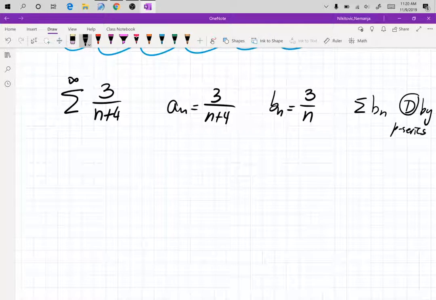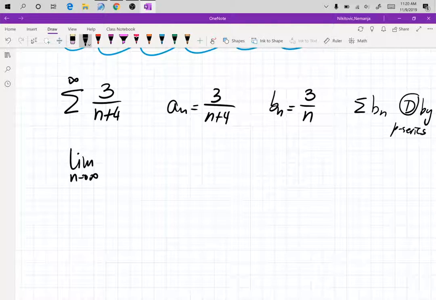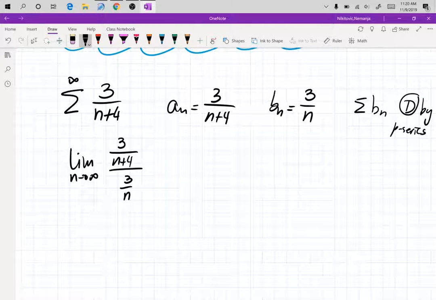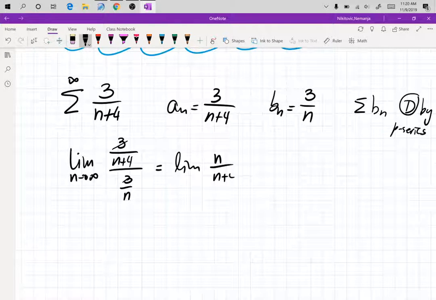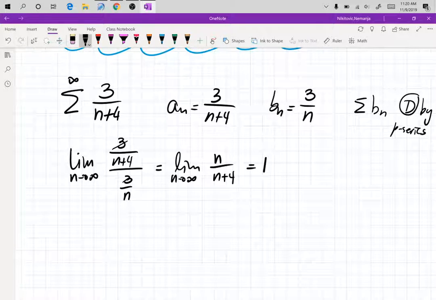Cool. All I need to do is run the limit and make sure the limit is finite. So I have 3 over n plus 4 divided by 3 over n, which gives me, when the 3 is cancelled, the limit of n over n plus 4 as n goes to infinity, and we know that is 1. So it's finite, and that's all I needed.